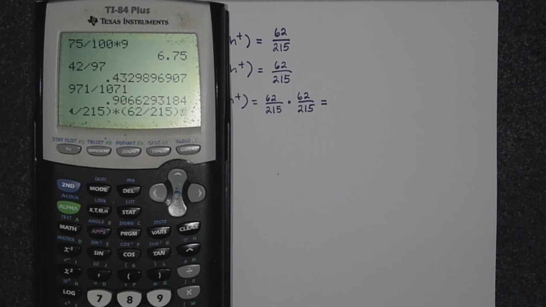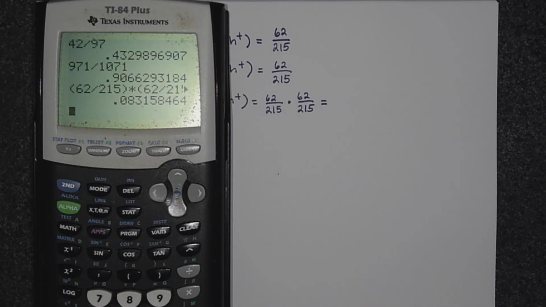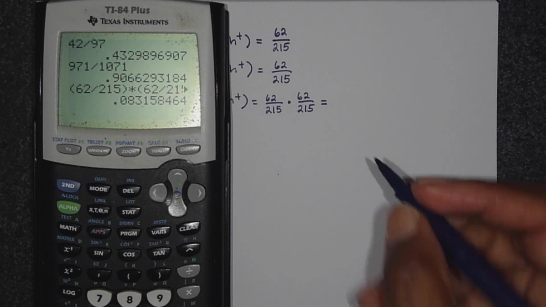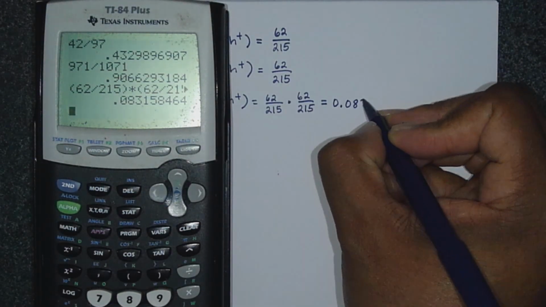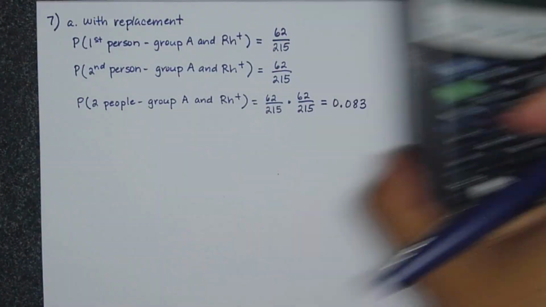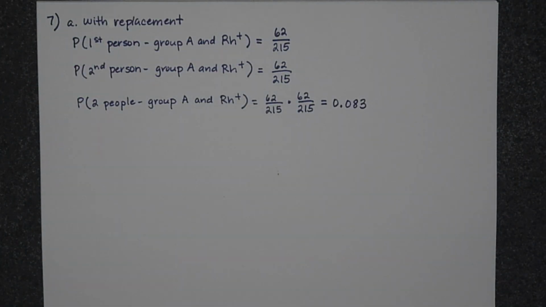That's how we enter that in, and then hit enter. To 3 decimal places, what would that value be? 0.083. Okay. So this represents the probability that two selected subjects are both group A and type RH plus: 0.083. And that's part A, with replacement.